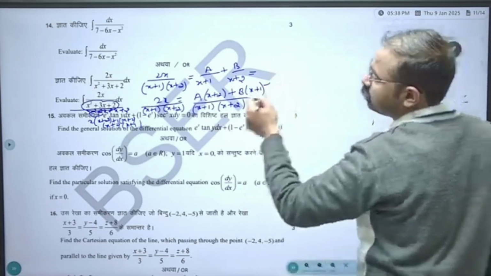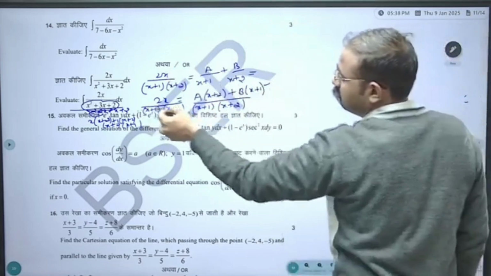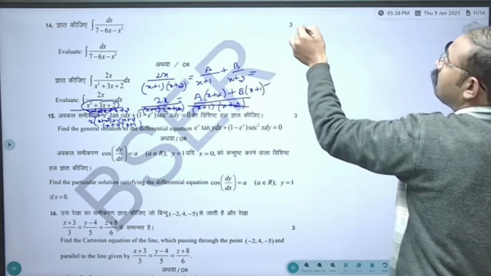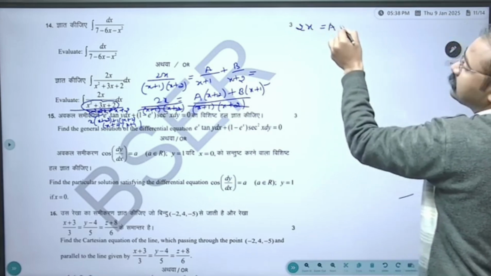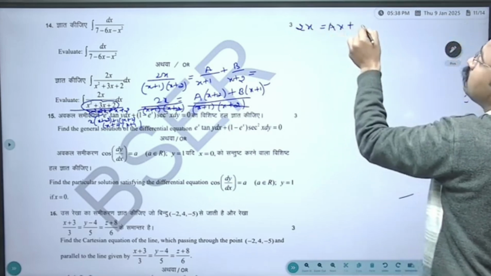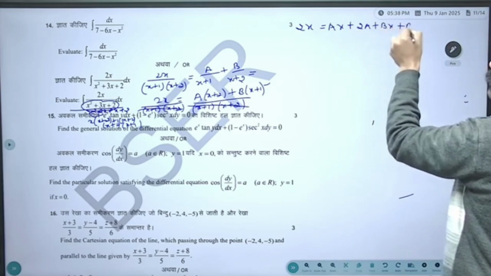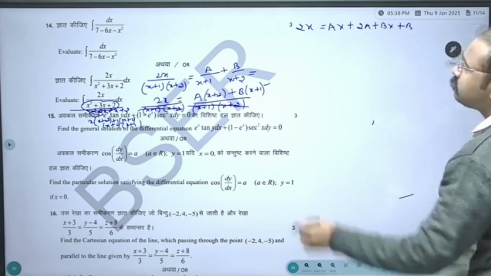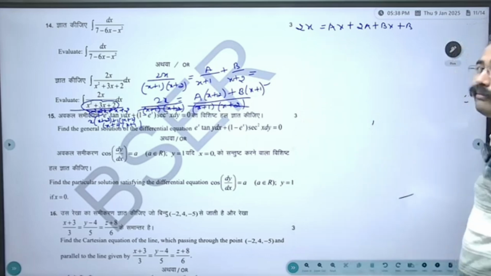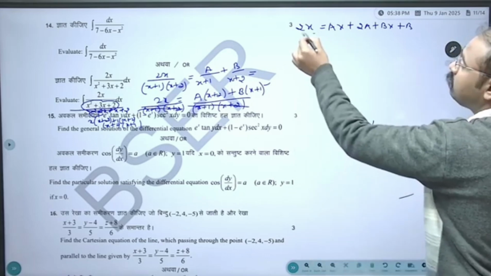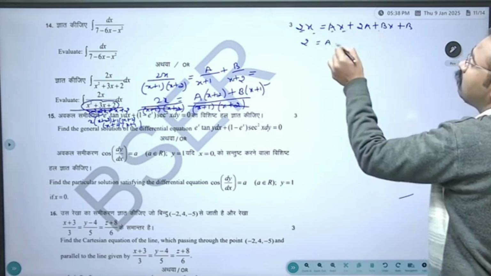Okay, so now this denominator part is cancelled. 2x is equal to a multiplied by x, ax, a multiplied by 2, 2a, b multiplied by x, bx, plus b multiplied by 1, b. Now firstly we are comparing the coefficient of x. Here with x we have 2 equal to, with x we have a, with x we have b.